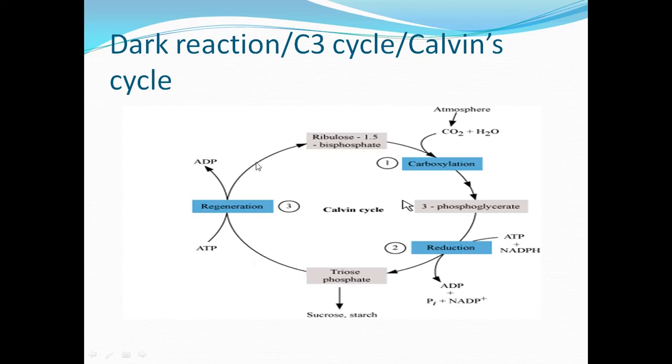This regeneration step requires one molecule of ATP. Since glucose is a 6-carbon compound, it requires 6 Calvin cycles to produce one molecule of glucose. The number of ATPs used in one cycle is 2: one ATP is used during reduction and one ATP during regeneration, and one NADPH is used during reduction.